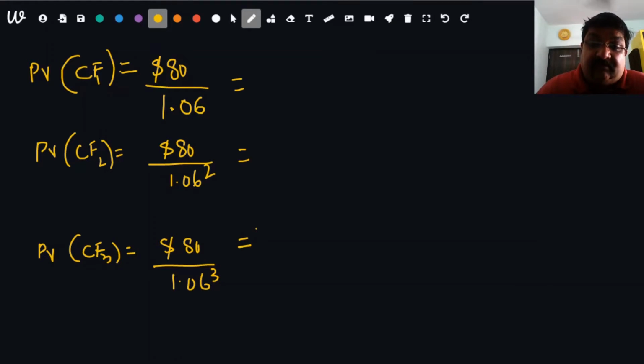80 divided by 1.06 will be 75.4717. So the present value of the first year cash flow is $75.4717. The present value of the second year cash flow will be $71.1997.